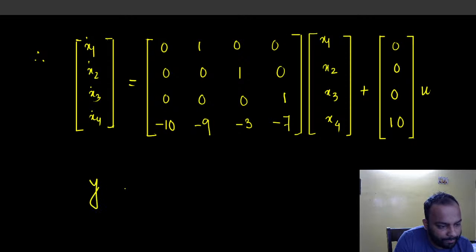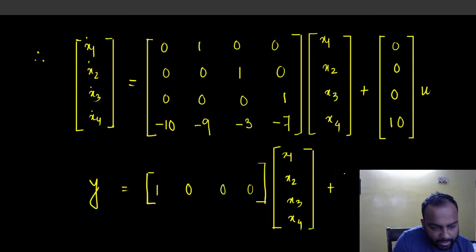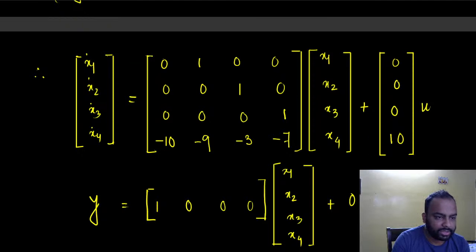And y is equal to 1 0 0 0 multiplied by x1, x2, x3, x4, plus here we have 0. You could skip that, or keep it.